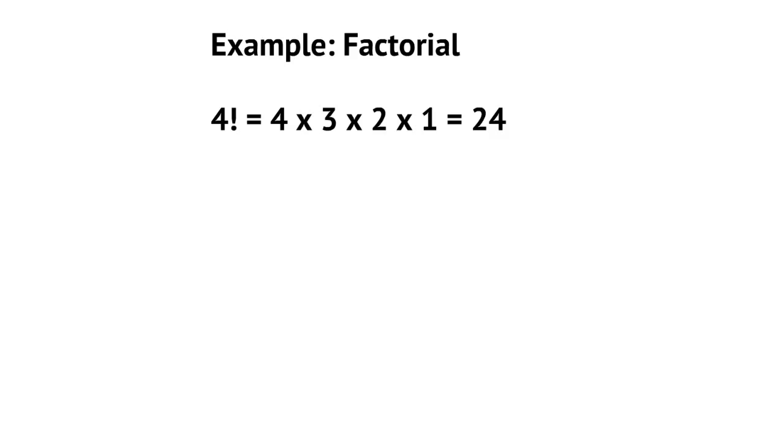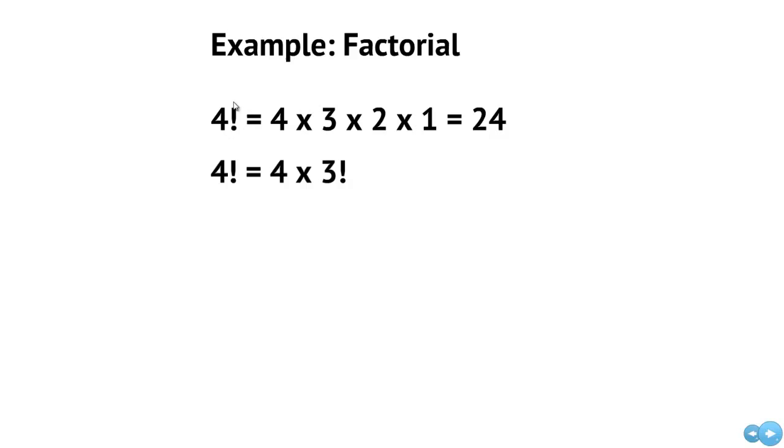But we could also define 4 factorial recursively by breaking it into a smaller problem of the same form. What do I mean by that? Well, we could say 4 factorial is simply the value of 4 times 3 factorial. So we've created a recursive part here, a smaller form of our original form.